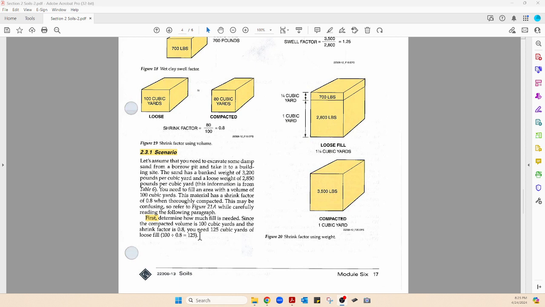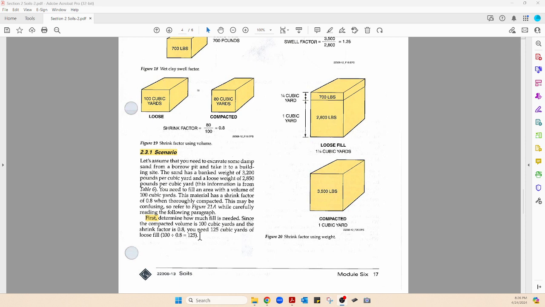You know what the first thing I did right here was, and I didn't do this last time I taught this. I went straight to the calculator first, and I took 125 and multiplied it times 2,850 pounds per cubic yard.